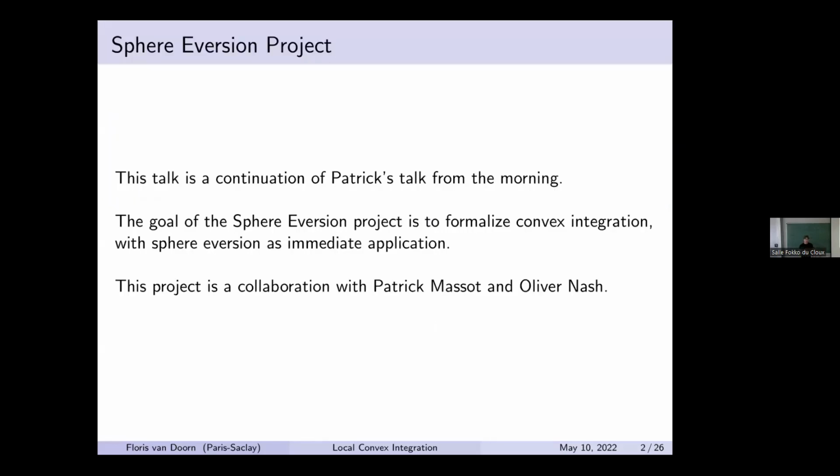Yeah, so this talk will be a continuation of Patrick's talk, where we started out today. Patrick talked about how the theory of convex integration gave us the sphere inversion, and he gave some of the analytic parts of the proof, but another part of the proof is a really geometric part that I want to focus on.